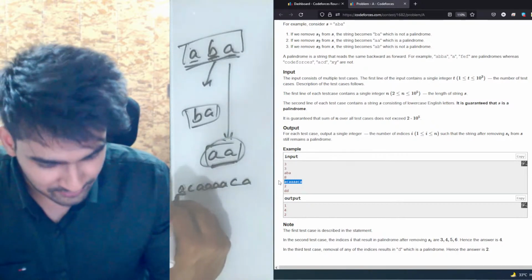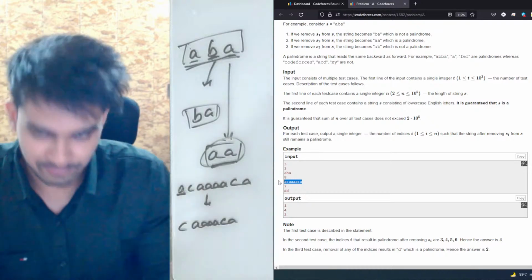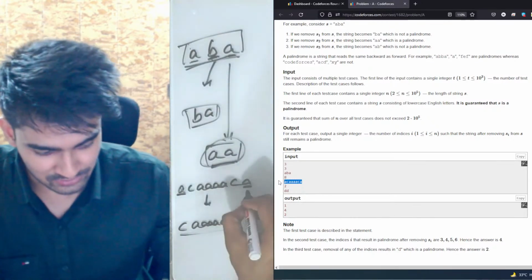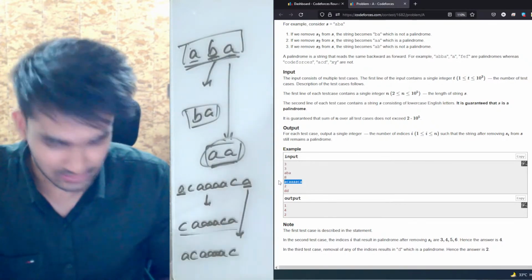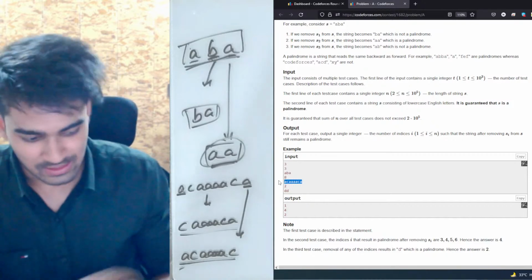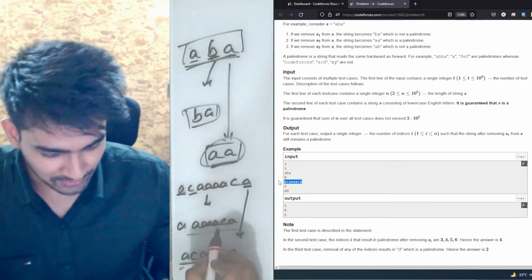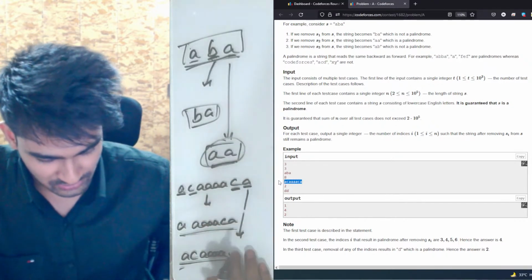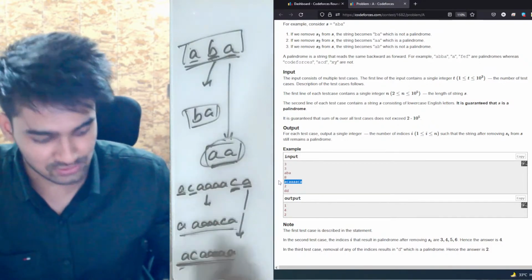If you remove the first a, the string becomes c, then 4 times a, ca, which is not a palindrome. Similarly, if you remove the last a, the string becomes ac, 4 times a, and then c. Again not a palindrome. For the c also, if you remove this c, the string becomes 5 times a, c, a, which is not a palindrome. And if you remove the other c, it becomes ac, 4 times a, and then a. Again not a palindrome.